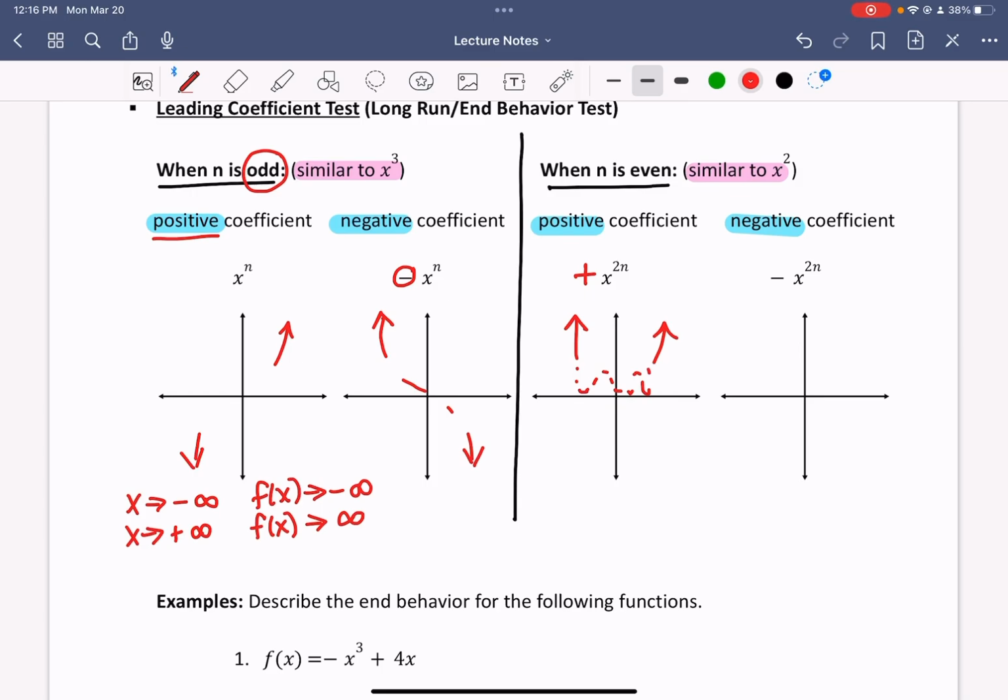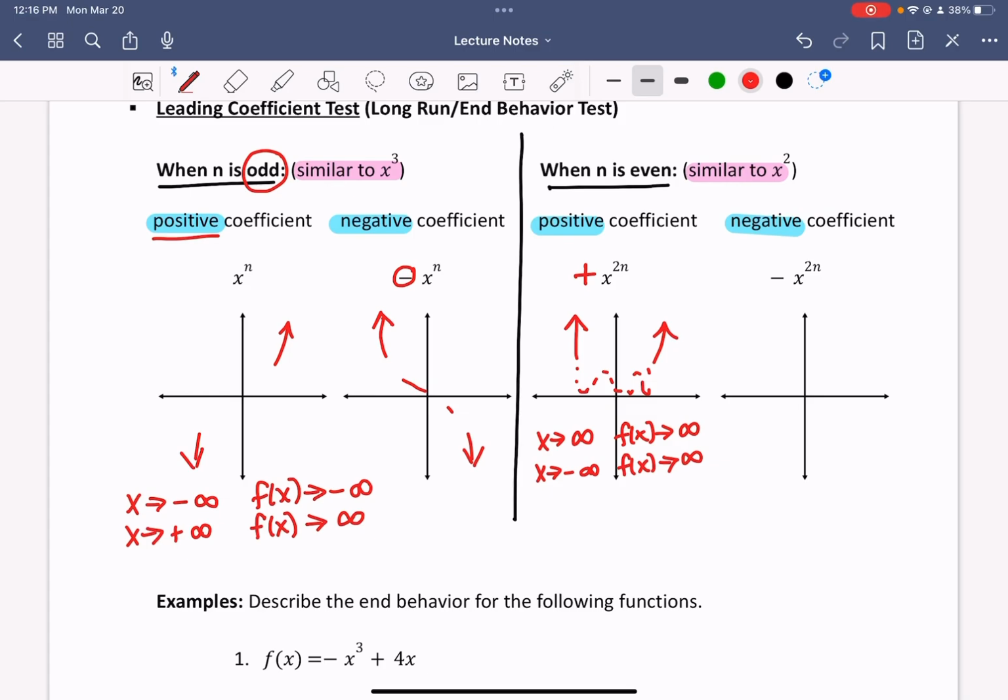But again, we're just looking at these arrows here and saying, okay, as x goes to positive infinity, so as it's going this direction, what is your y value doing? It's going upward. So I would say f of x is moving to positive infinity. As x moves to negative infinity, what's happening with your y's or your f of x's? As x goes to negative infinity, so this direction, we can see it's still going upward.